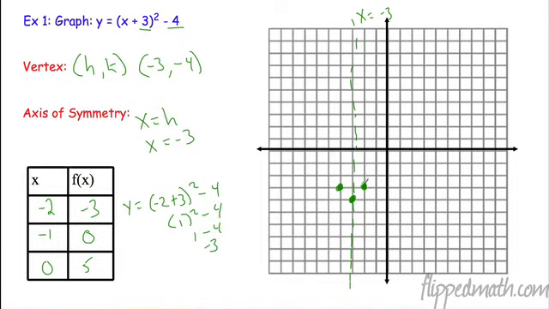Let's take a look here. So negative 1 is 0. And then I can reflect that. 1, 2, 1, 2. And then 0 is 5. 1, 2, 3, 4, 5. You can see the cool thing about parabolas, that squared, as you keep going, as you get further away from the vertex, it goes up much faster. 1, 2, 3, 1, 2, 3 over here.